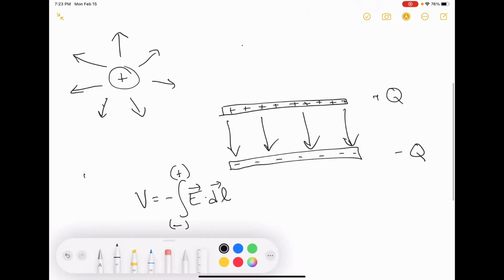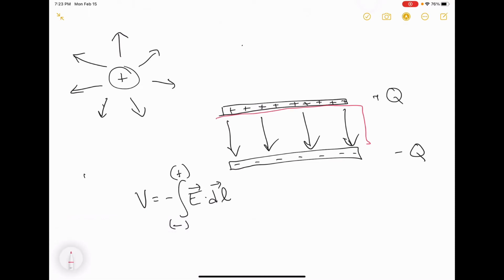What happens when we add a dielectric to this situation? So I'm just going to add a slab of dielectric material in here. Let's talk about what happens to the molecules in this material. The molecules are composed of a core of stuff that is positively charged, and they're surrounded by an electron cloud that is negatively charged.